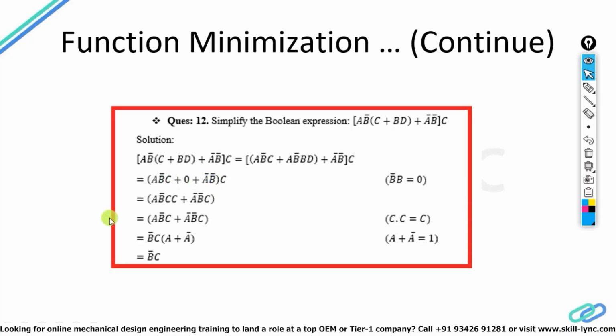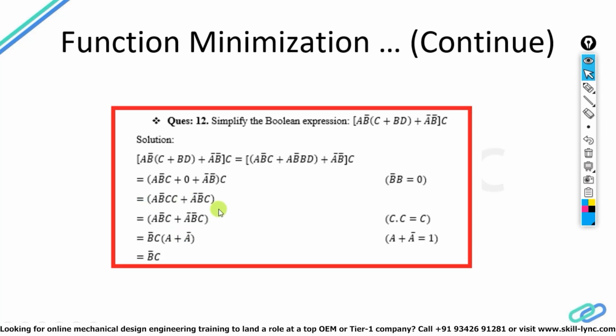Now it is a b bar c plus a bar b bar into c. Again open the bracket. So it will become a b bar c into c plus a bar b bar c. Now we know that a into a equals a, b into b equals b, c into c equals c. So it will become a b bar c plus a bar b bar c.